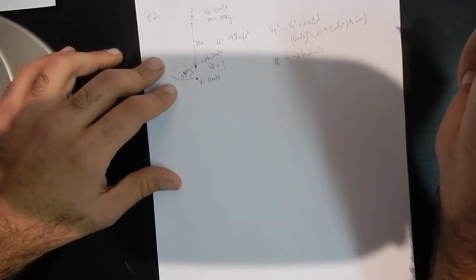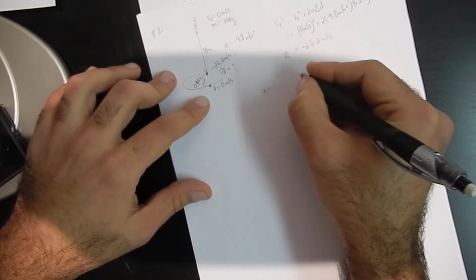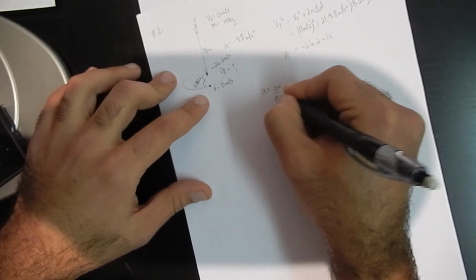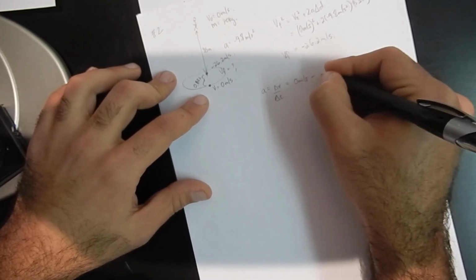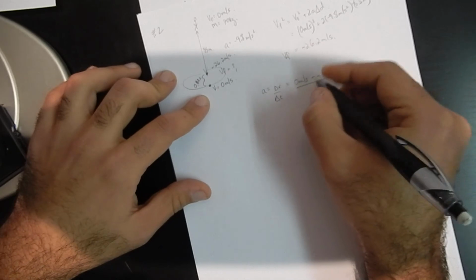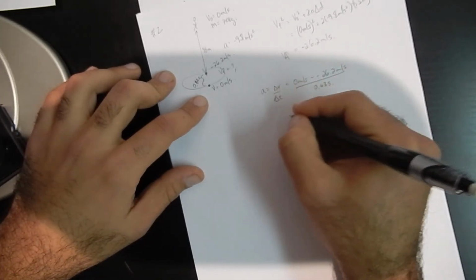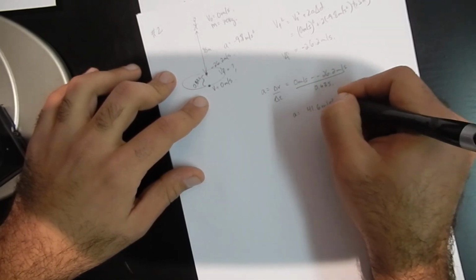All right? So his acceleration is equal to the change in velocity, delta v over delta t, and that's equal to 0 meters per second minus negative 26.2 meters per second, all divided by 0.63 seconds. All right? And therefore the acceleration is equal to 41.6 meters per second squared.